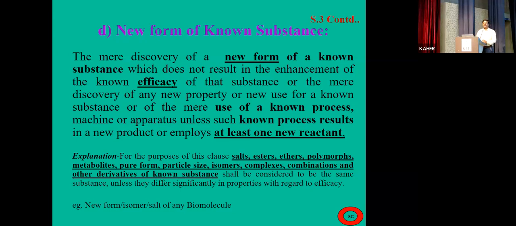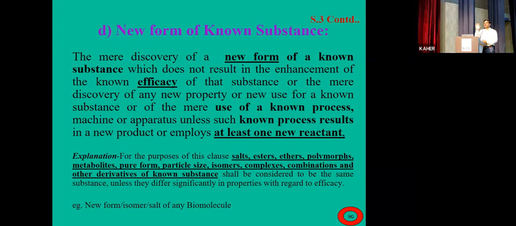If someone says he identifies a new property, that it is anti-hepatic also, anti-cardiac also, and wants to patent that, you cannot patent it in India. You can patent a formulation for anti-cardiac or anti-hepatic, but you cannot get a compound per se because it is already a known compound. So its new use, you cannot patent in India.